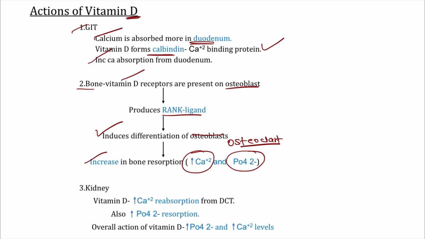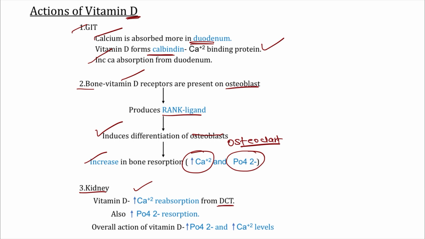Very important. Now, sir, the third organ is our kidney. This is one very important area for MCQ. Why? See here, our vitamin D increases the calcium resorption from the DCT in our kidney. Similar to what our parathormone does, the same action vitamin D is doing here: increase in calcium resorption from the DCT.